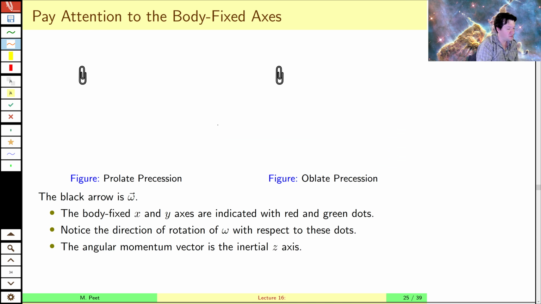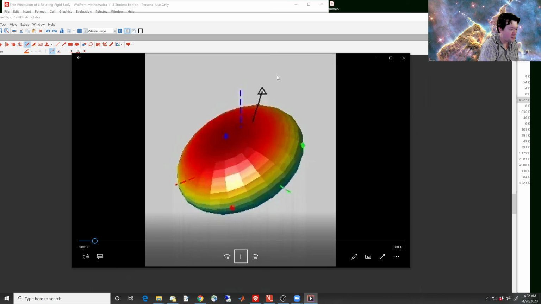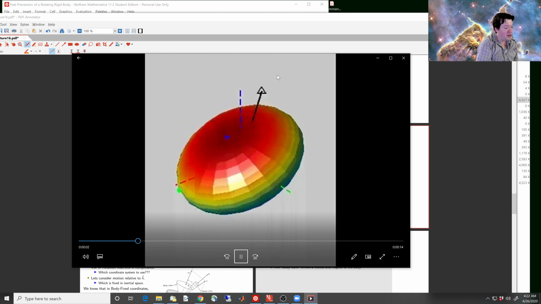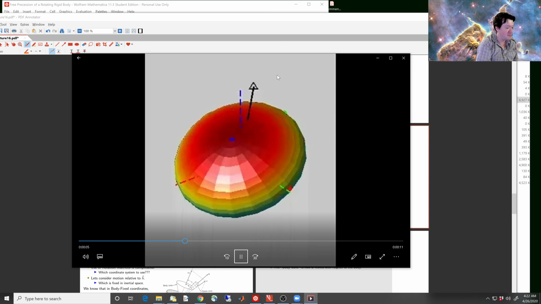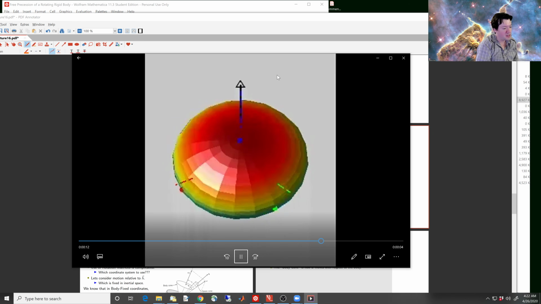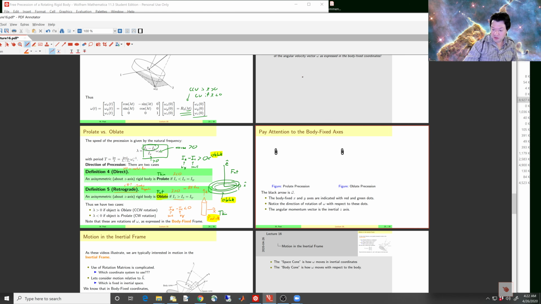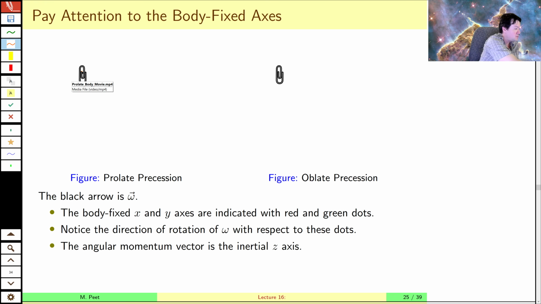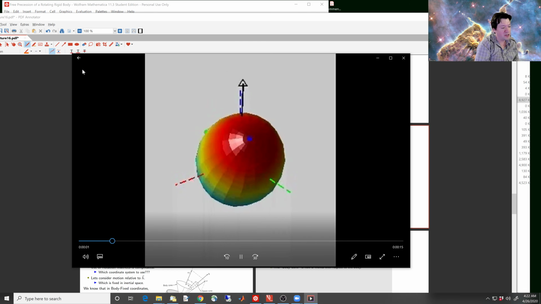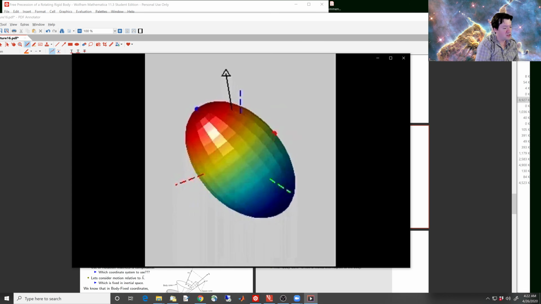So I've got some little videos here just to illustrate. This is an oblate object. It looks oblate, it looks fat. And here you see the angular velocity vector, the black line, in the inertial frame. And here, on the contrary, I've got a prolate object, a classical prolate object, and then you have rotation again.